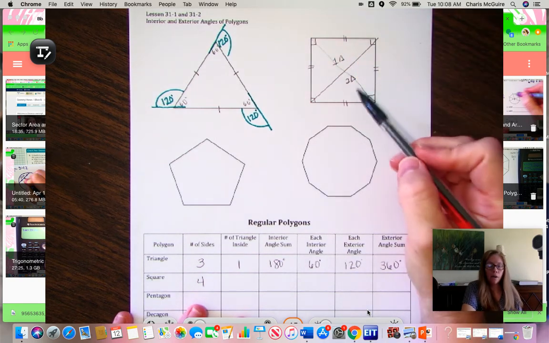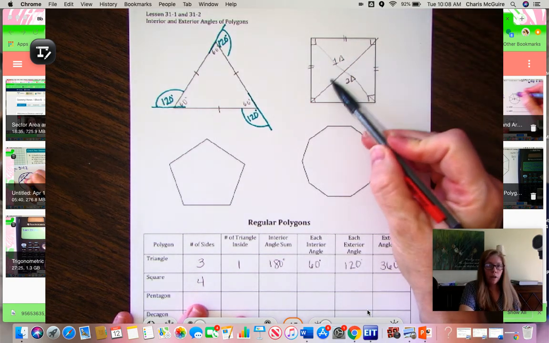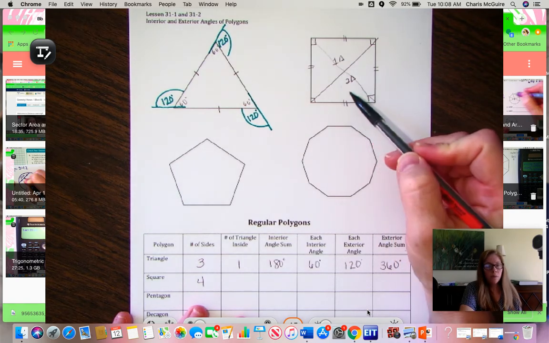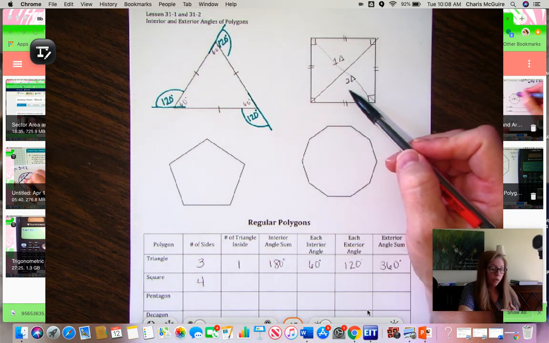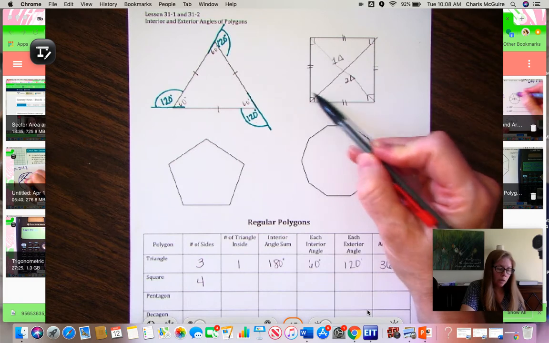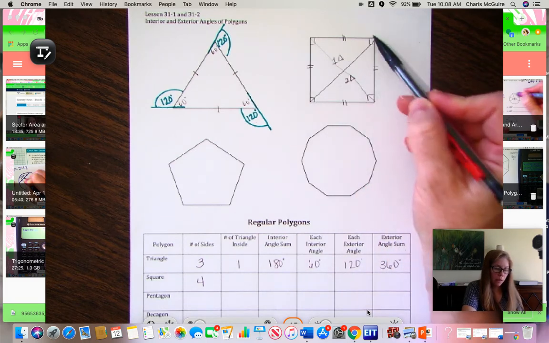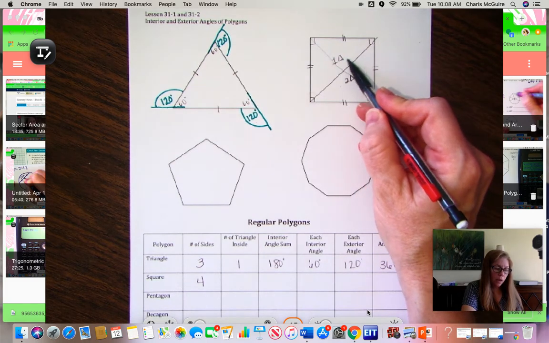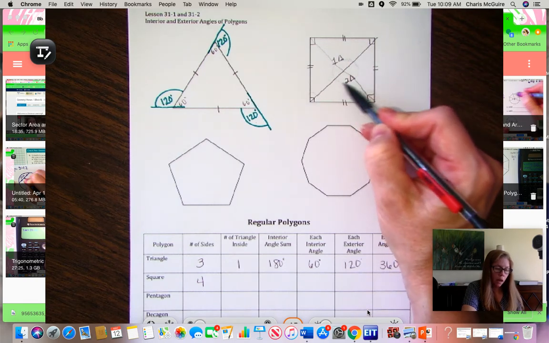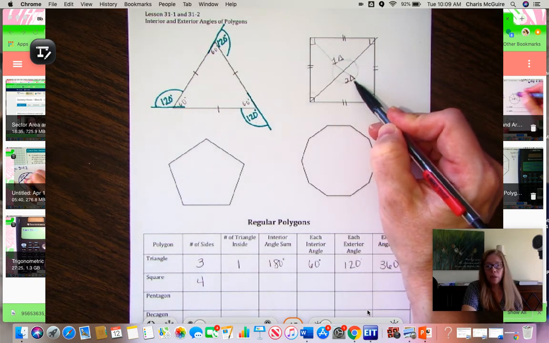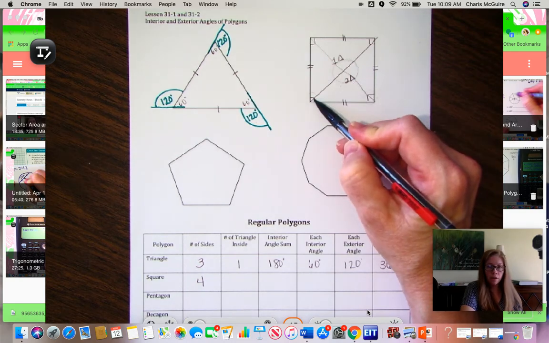Now I've got 4 triangles. Here's what I'm trying to get you to understand: we're focusing on the angles. When you bring in these triangles, you've created a bunch of angles in the middle that are not actually part of the interior angle sum.